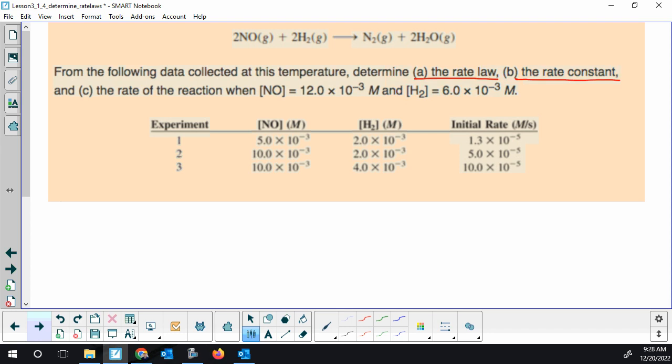And then C, what is the rate of reaction under a different circumstance? Maybe call this experiment 4. What if those concentrations are in our table? What would the rate be?